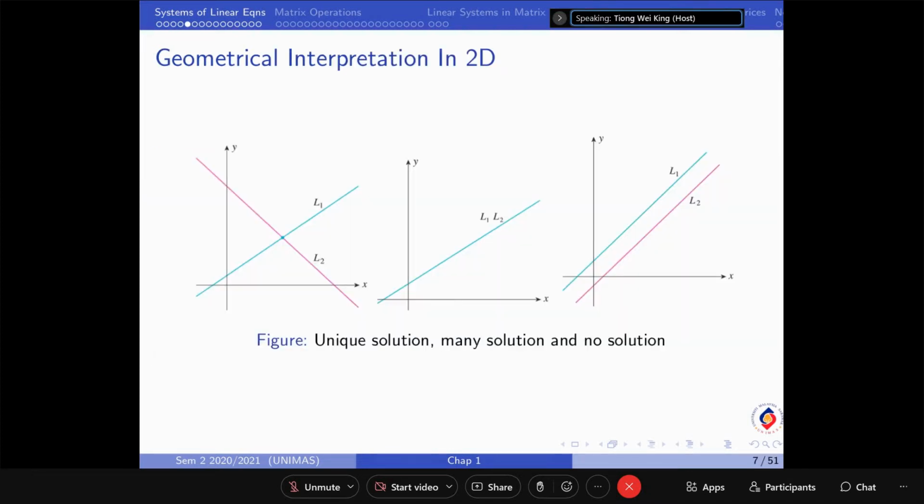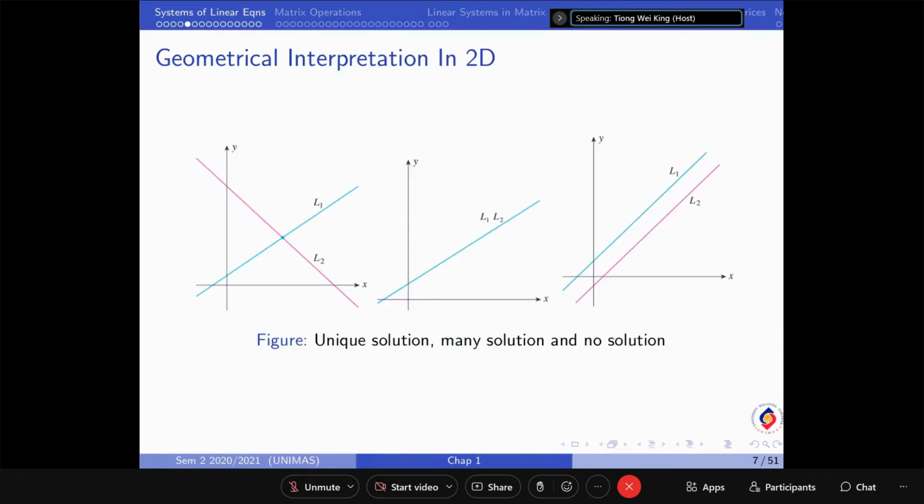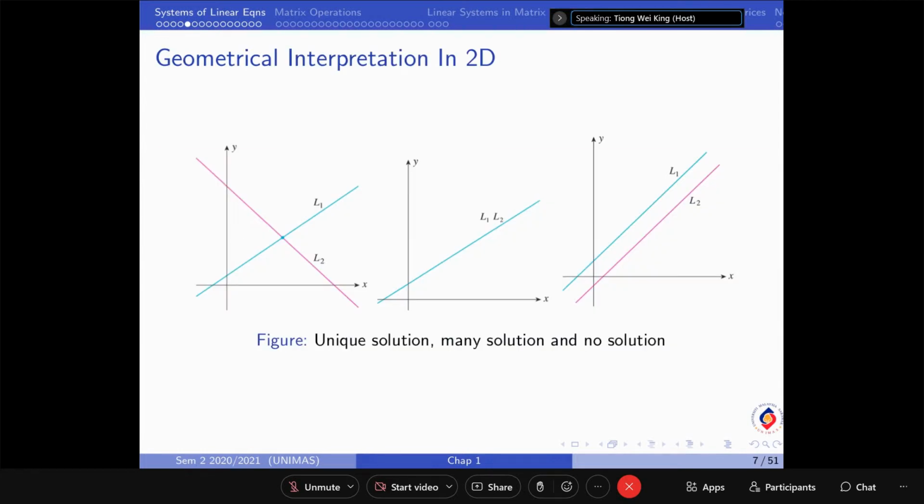So if you draw the geometrical interpretation in 2D, because if you look at our linear equation, if you have two unknowns, in 2D means we only have two unknowns, basically the linear equation represents a straight line. So what does it mean by unique solution, no solution, and many solutions in terms of geometrical representation?